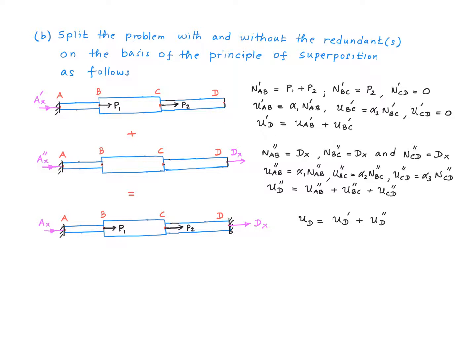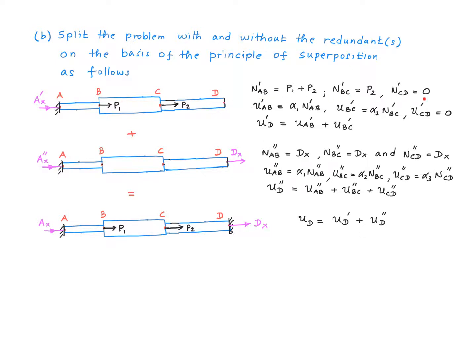Now we solve each of these statically determinate problems separately. Like we did before, first we're going to find the internal forces in these segments. So obviously we had to section them within these segments, and we're going to consider the right side.